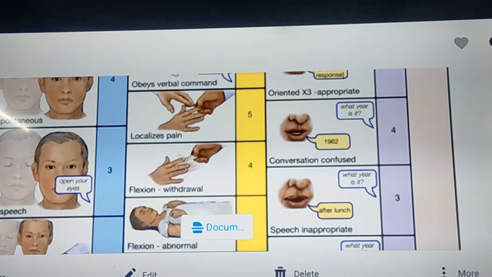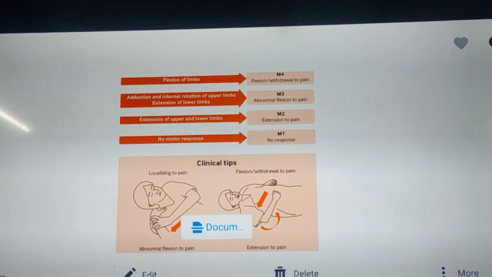Okay, all these factors need to be considered when we are checking GCS. These are the challenges when we are checking GCS. Fine. Okay, so I hope how to check the verbal response is clear. Fine. Then the next one is how to check the motor response.